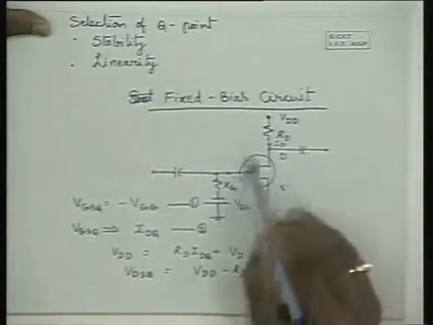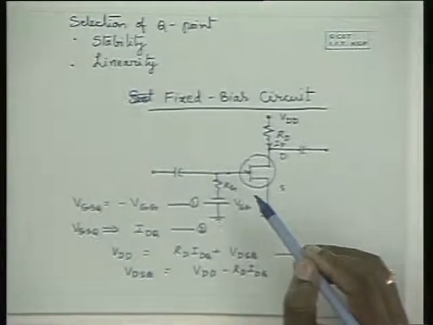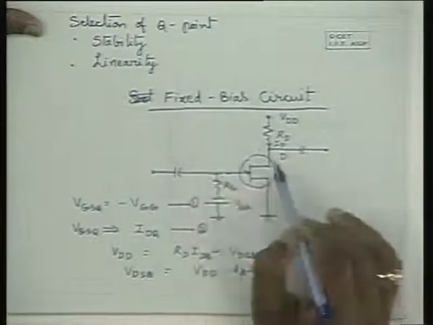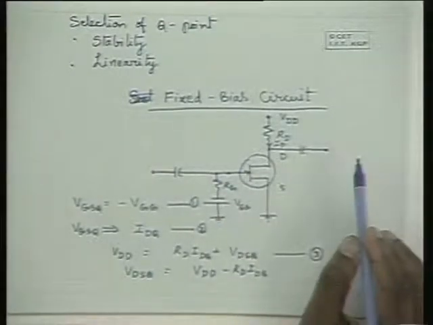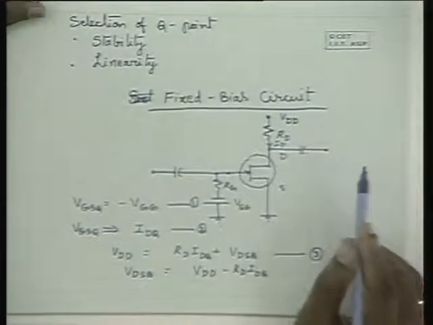Prior to designing the circuit, that means finding the values of the various parameters like RD and so on, selection of the Q point is a design step, and selection of a particular biasing circuit, fixed bias or self bias, is also a design step.